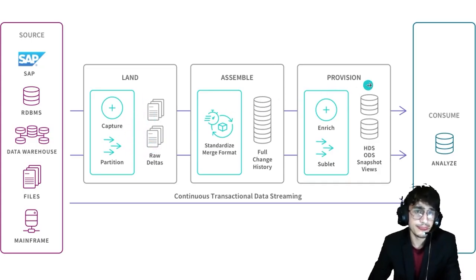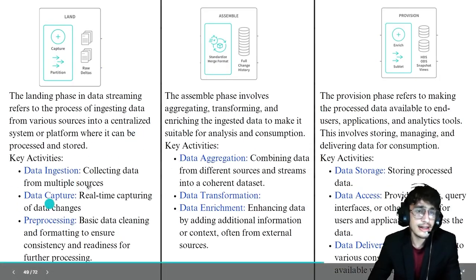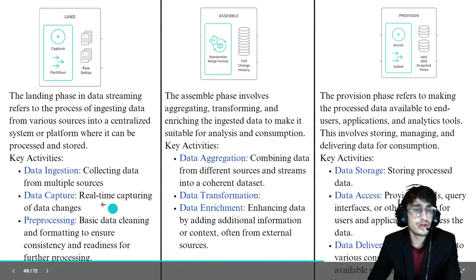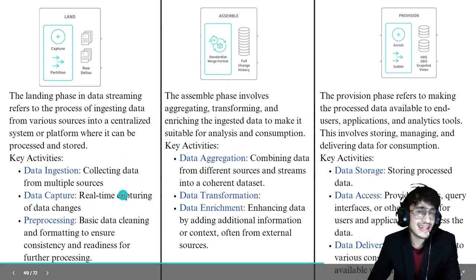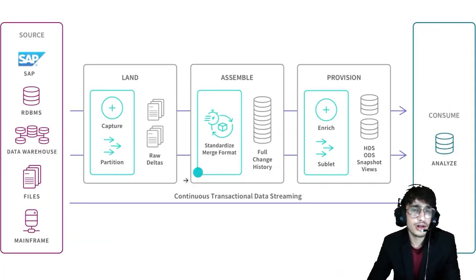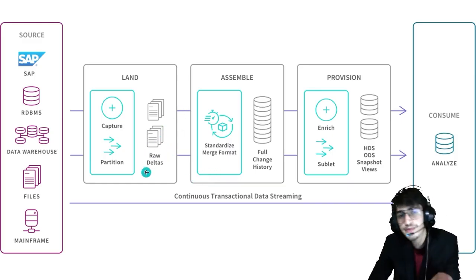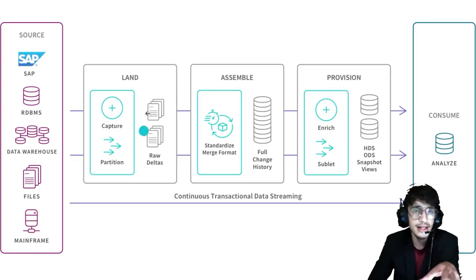Here three steps are done. First, data ingestion, collecting data from multiple sources. Second, data capture, capturing continuous data. After that, pre-processing, which is basic data cleaning and formatting for consistency. So it's like the extracting part. The steps we did in the extracting part, we do in the landing part.